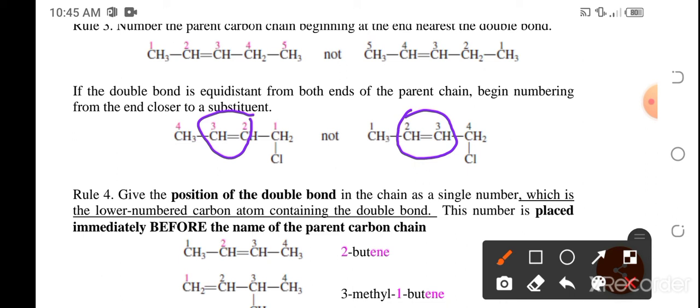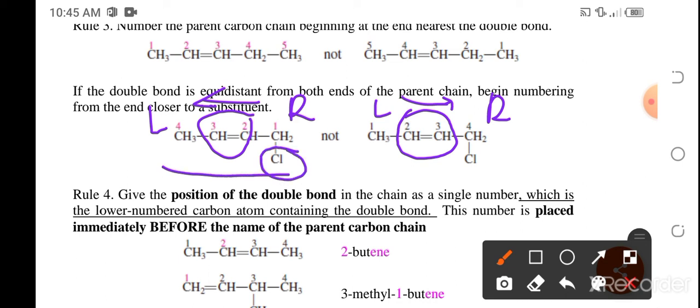However, we are choosing right to left numbering over left to right. Okay, mas preferred natin ang right to left because of the count of the substituent chlorine.